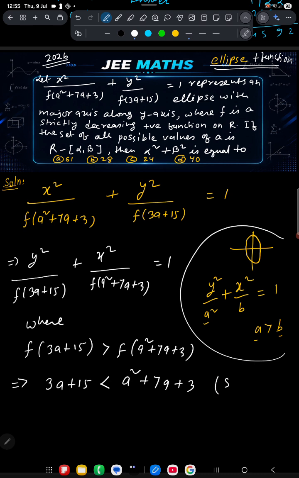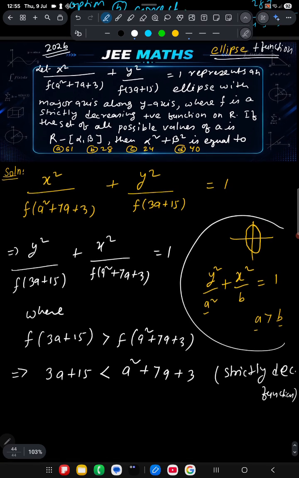Why? Because strictly decreasing function. In that case, the moment your domain is consecutively increasing, then its range will be consecutively decreasing. So here f of 3a plus 15 is greater than f of a square plus 7a plus 3. Therefore, 3a plus 15 will be less than a square plus 7a plus 3.